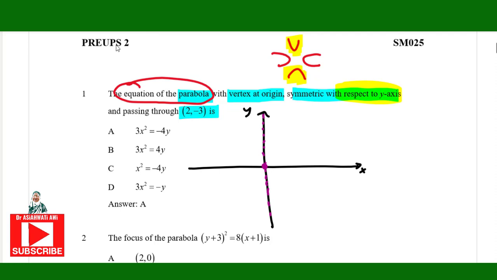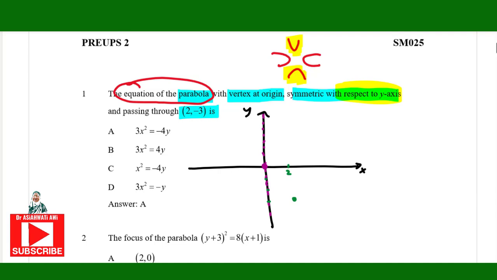Then the next condition is passing through the point (2, -3). Let's see here, (2, -3) and the origin, which is the vertex.